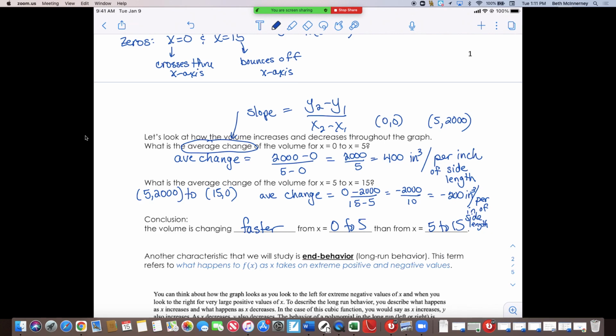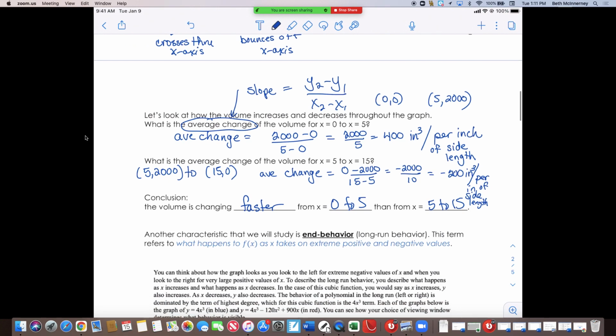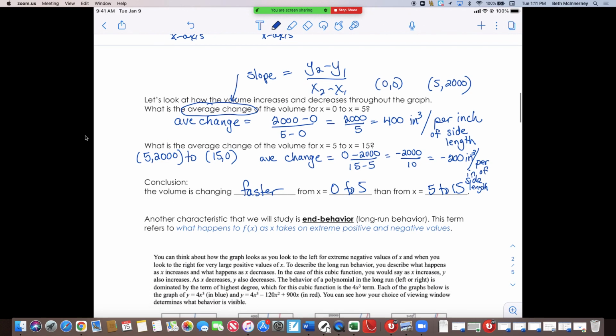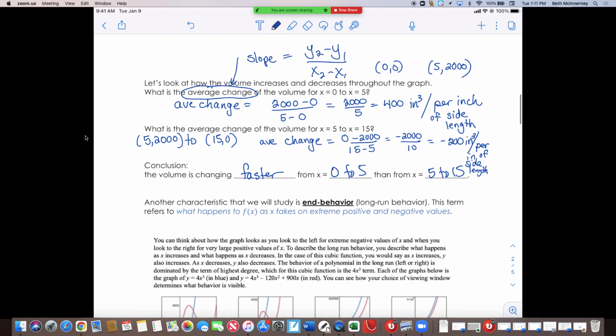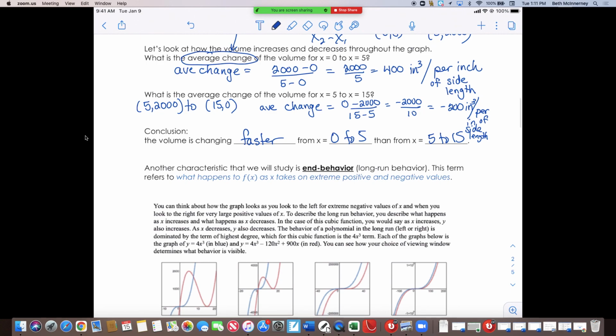All right, another characteristic that we will study, and we did this previously, is called end behavior or long run behavior. This term refers to what happens to f of x as x takes on extreme positive and negative values. You can think about how the graph looks as you look to the left for extreme negative values.